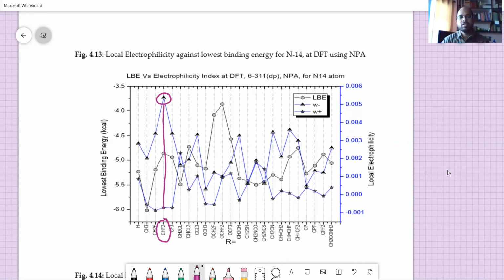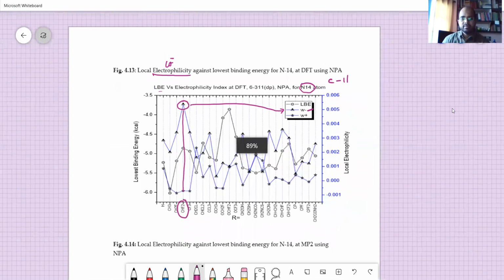W minus is electrophilicity. W plus is quite the opposite of that. Which is having the highest one? This one. This derivative, and that is local for the N14 atom. Earlier we have seen for C11 atoms. So such values are being calculated.